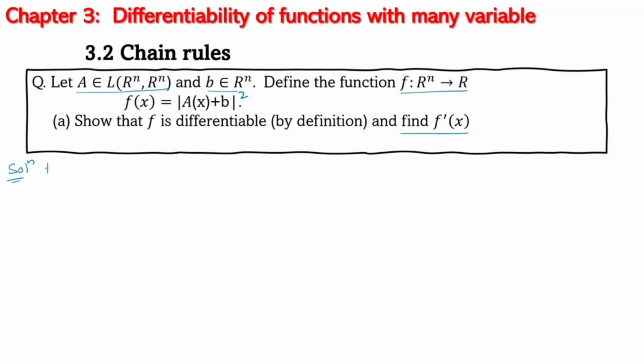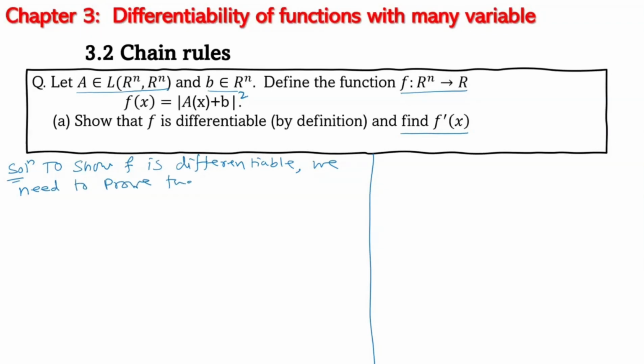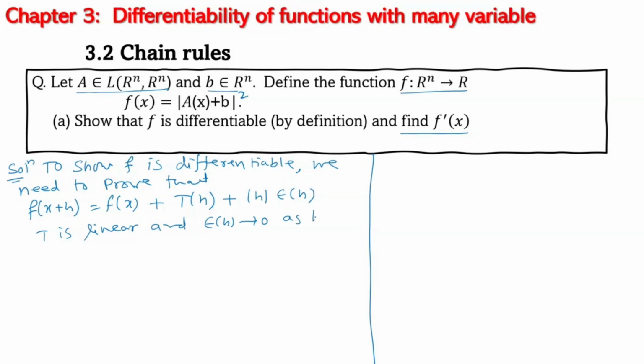To show f is differentiable, we need to prove that f of x plus h is equal to f of x plus t h plus absolute value h epsilon h, where t is linear and epsilon h tends to 0 as mod of h tends to 0.